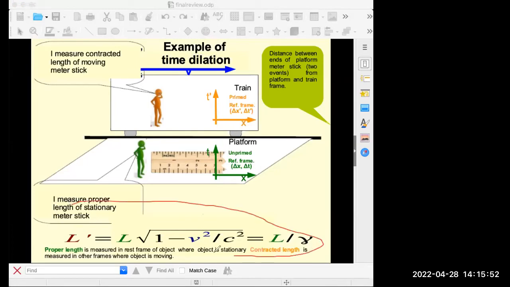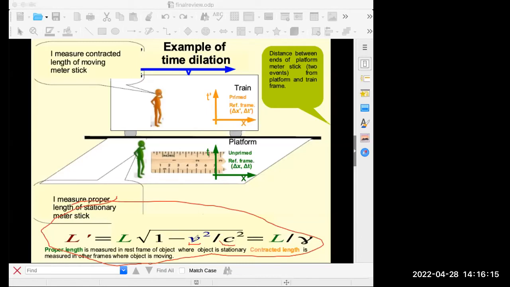Here it is. It looks rather similar, except we're multiplying by this square root factor instead of dividing by it. So this is why lengths contract, but times dilate. But again, it tells you that it depends on the motion of the meter stick. So that's the v here, compared to the speed of light, that's the c here.